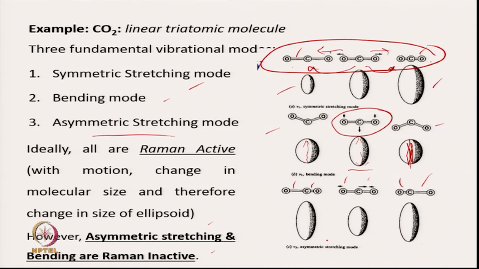Now, the third case, the asymmetric stretching mode. You can see here that polarizability is greater in the CO2 in equilibrium, whereas in this one polarizability is going to be smaller along this axis if you do asymmetric stretching, and the same case is here.